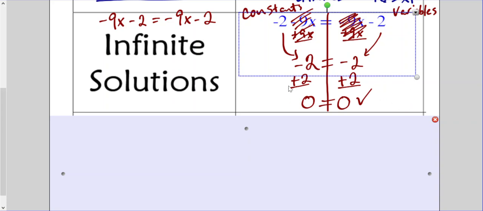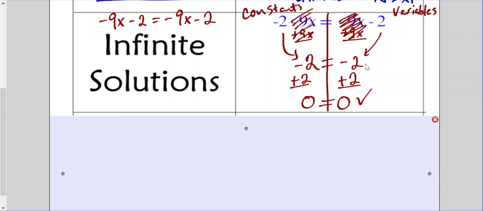You'll see the opposite kind of happens in the other example. So when you solve the equation, you get all of the variables and all of the constants to cancel out to 0, and you get that 0 equals 0. You might also notice it way before that, that this expression and that expression are the exact same thing.